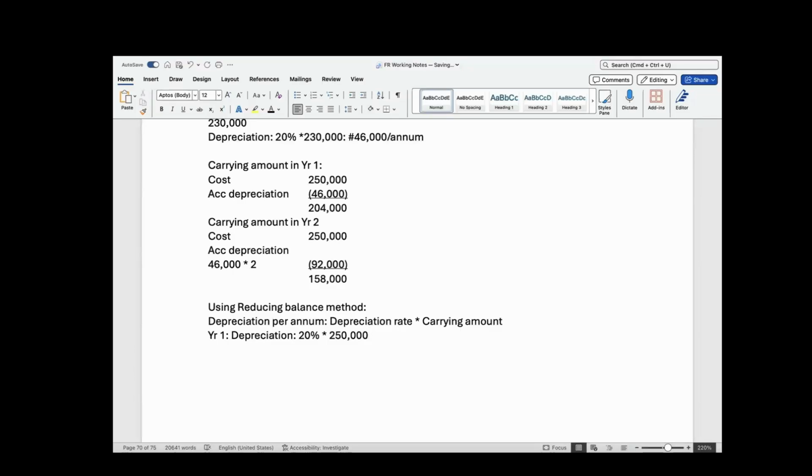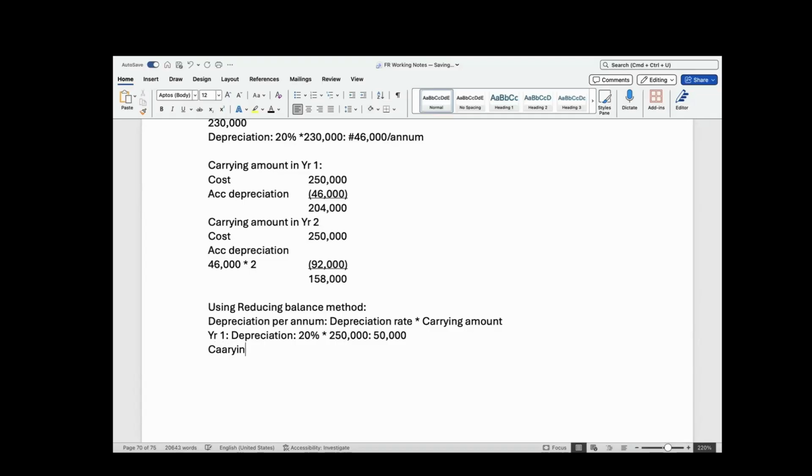So my depreciation in year one is simply 50,000. This 50,000 is just year one depreciation.